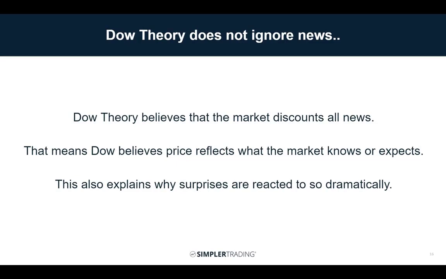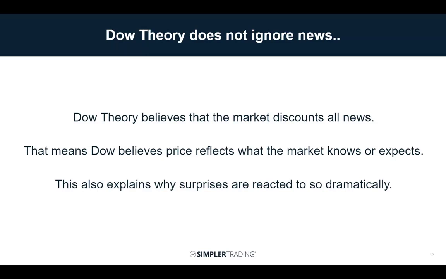So because the market's always a forward-looking mechanism, it's always discounting, it's always making an educated guess based on what it knows now. If there's a surprise, data misses expectations, earnings don't meet consensus, geopolitical issues, we have a dramatic rediscounting, a dramatic adjustment from what we thought we knew to what we now know.